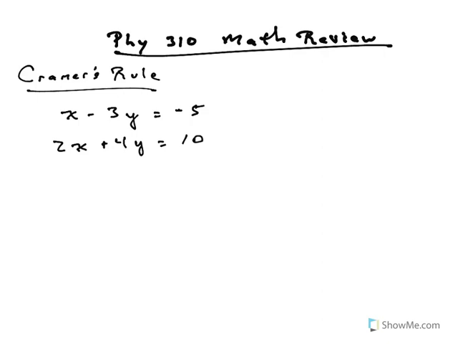So what are the three? The matrices you always use, depending on the number of equations, is one matrix for each variable. So I have an x variable, so I'll have an x matrix. A y variable, so I'll have a y matrix.